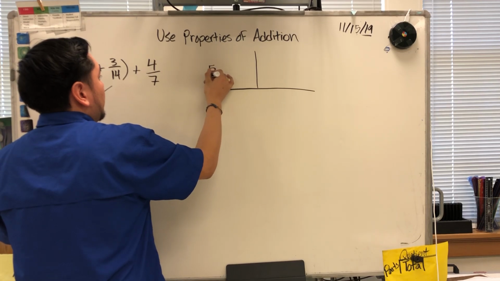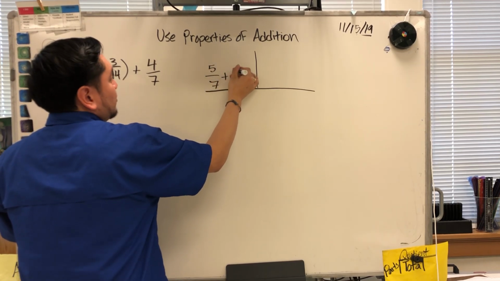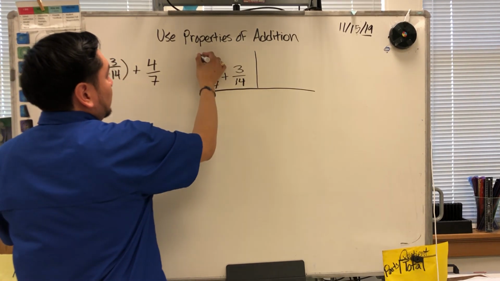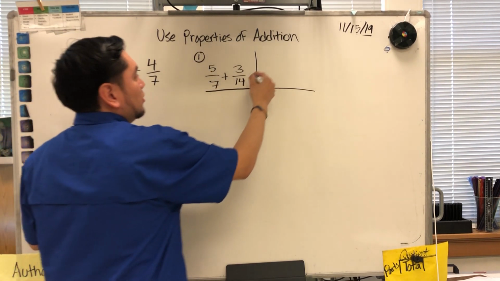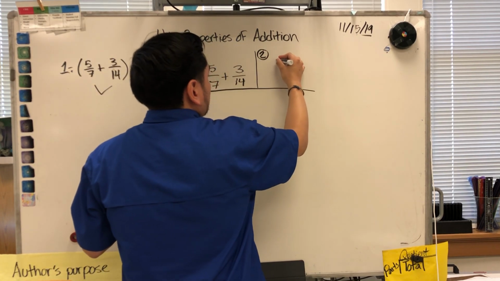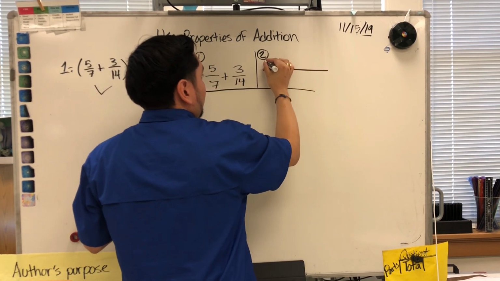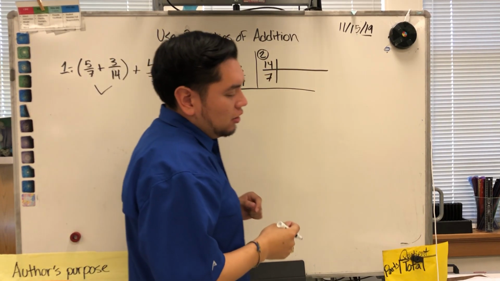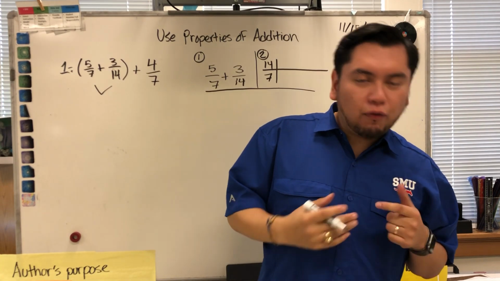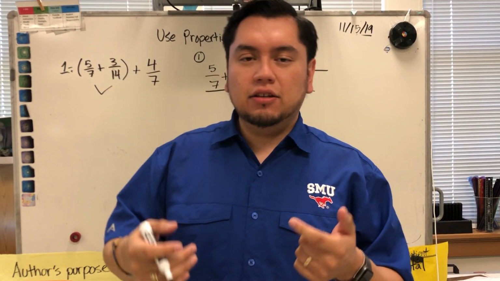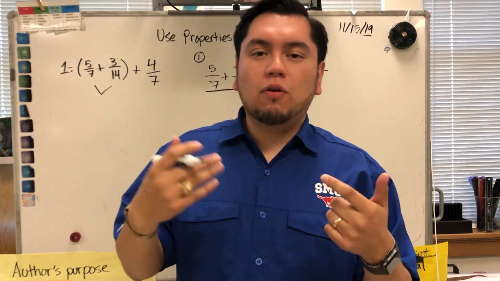5 7s plus 3 14s. All right, here's step 1, step 2. Okay. Now, 14, 7. Look, 14 might be a little difficult, yet you can do it. It's 17, 30, 34, keep going.